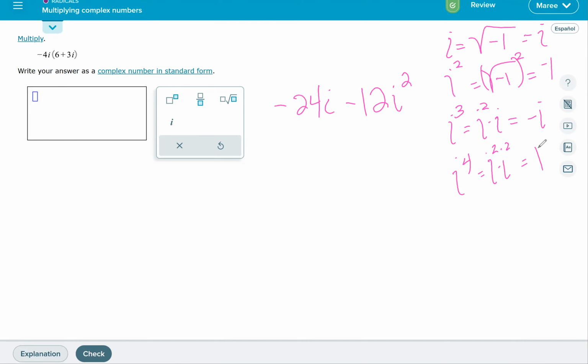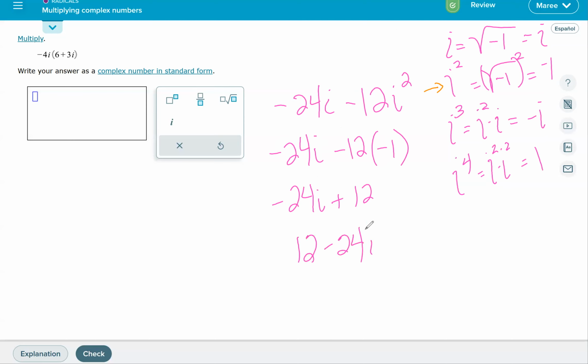That's a lot of information for this topic. You don't need all of it. You just need to know for this one that i squared is equal to -1. So we have -24i minus 12 times i squared, and i squared is equal to -1. So -24i plus 12. When we write complex numbers, we want the real part first and the imaginary part last.